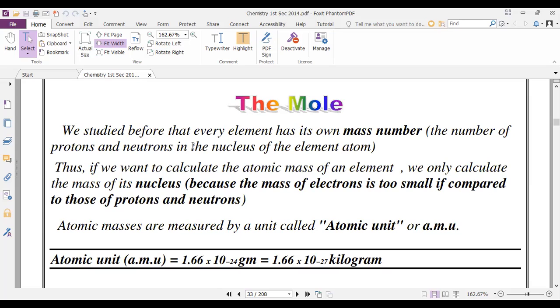So we studied before that every element has its own mass number, right? Okay. What's meant by mass number?